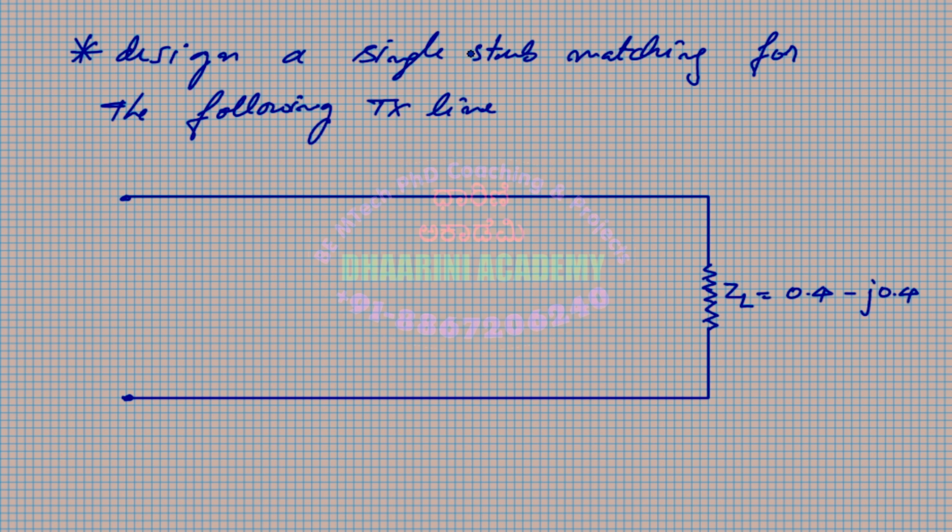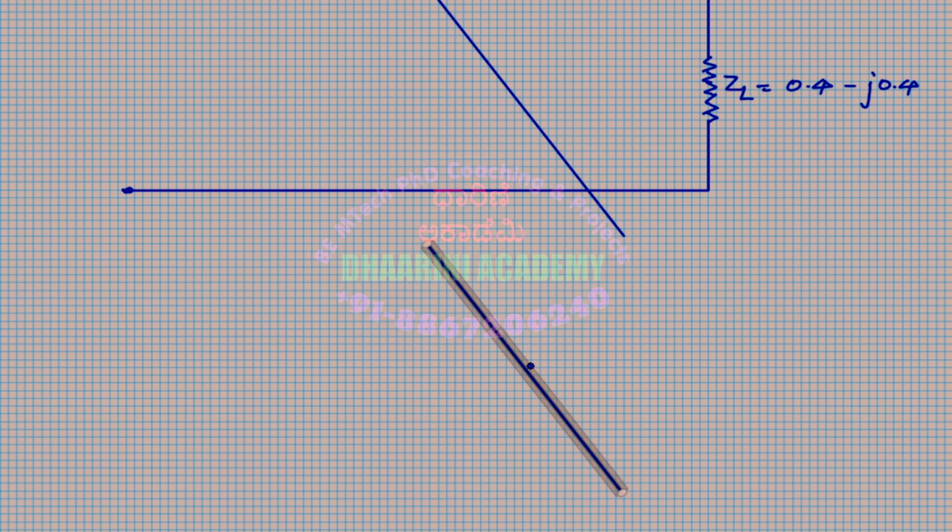So the question is to design a single stub. Let me assume that this is where I'm going to put the stub. Okay, so this is our stub. Let me assume that this is what I am supposed to design.